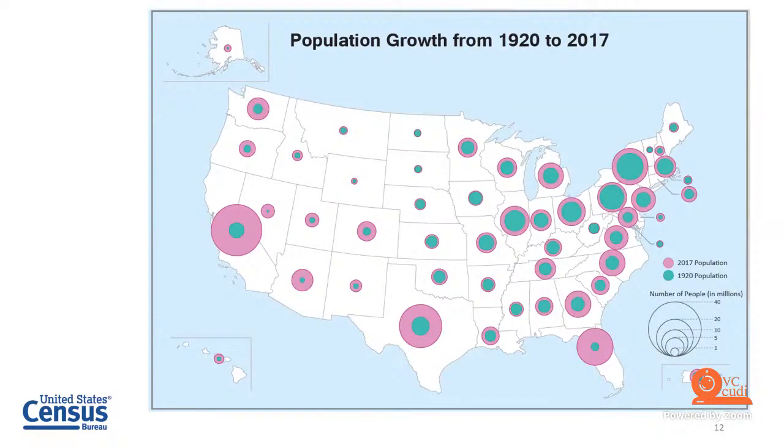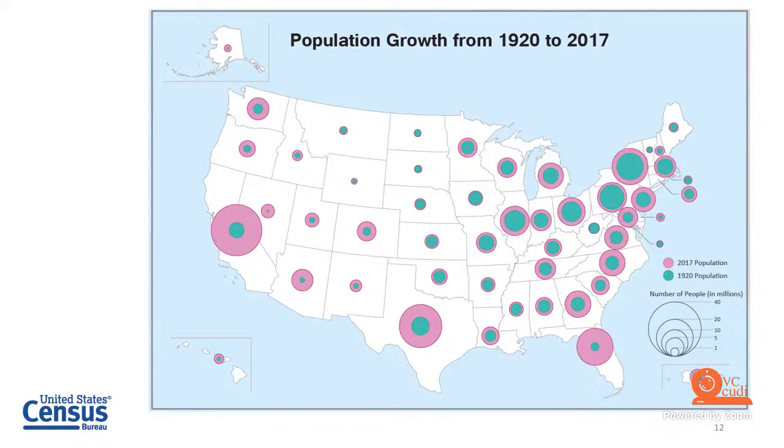Notice the legend, which is on the bottom right. It provides a series of circles with a call out line to the right that shows a number in millions. So those are basically sample circle sizes, so the user can get an idea of how large the population is associated with each state.